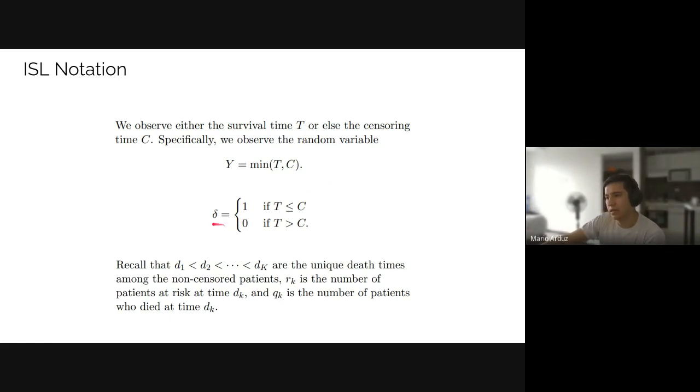And we are setting this delta parameter to 1 if we indeed see the true outcome, and 0 if we don't see it. And these other variables here are going to be mostly important only for the next calculation, but we can already explain them.